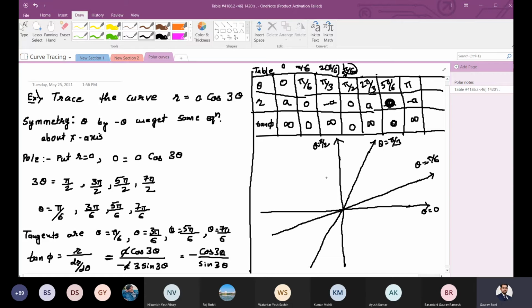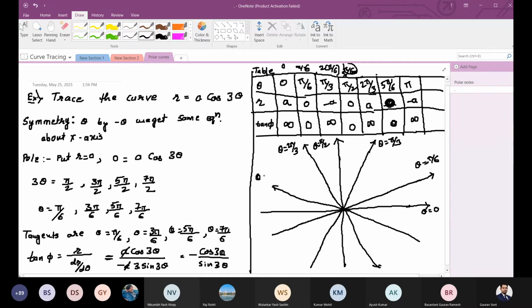Then this is going to be theta equal to 2 pi by 3. And this will be theta equal to 5 pi by 6. And theta equal to pi.